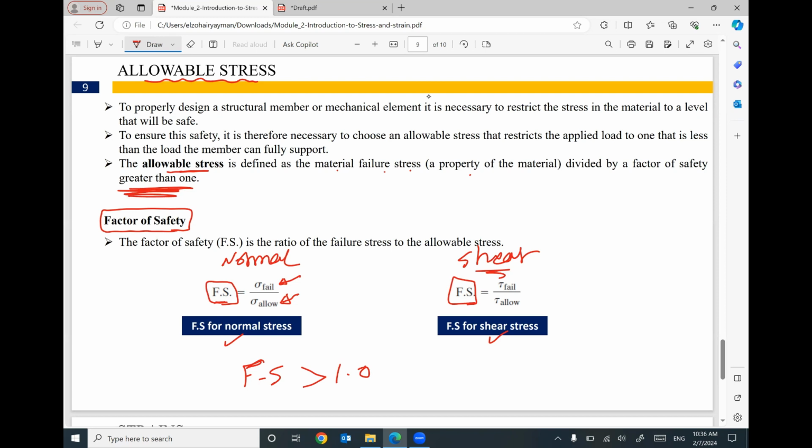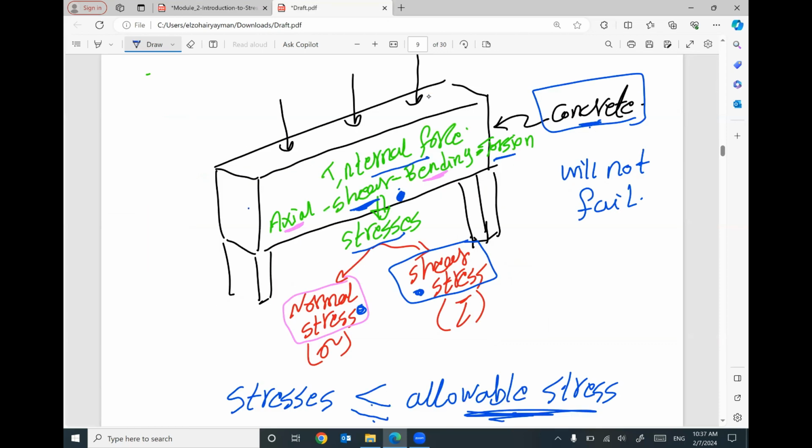So if you divide the failure stress of the material by the factor of safety, you can get the allowable stress. If you are given the factor of safety and the failure stress for a material, I can tell you what the allowable stress will be. To make sure this member will not fail, make sure the calculated stress is smaller than or at least equal to the allowable stress.